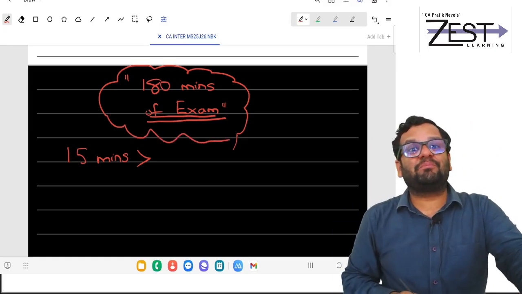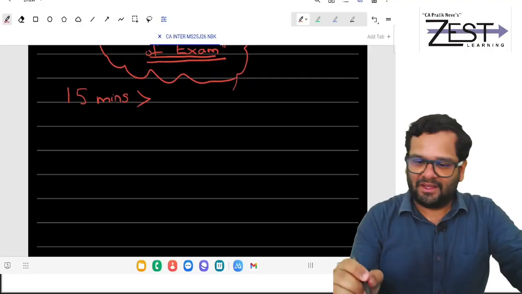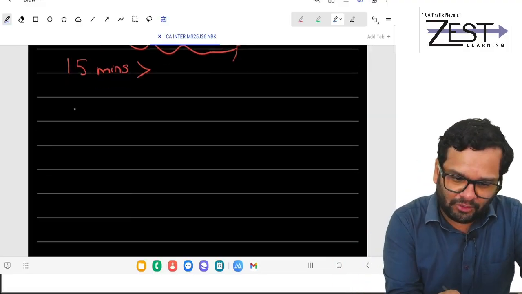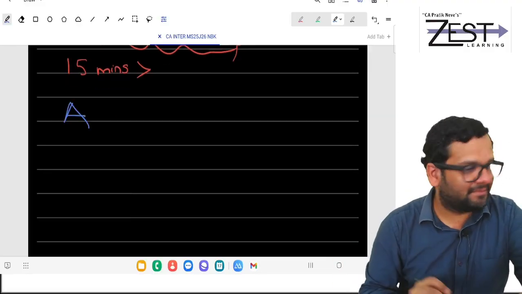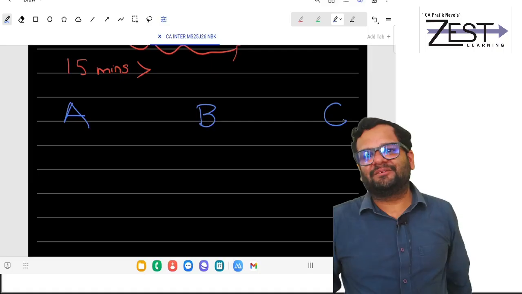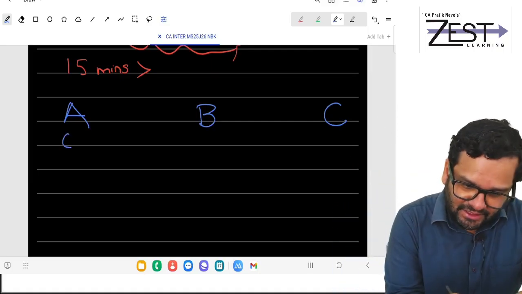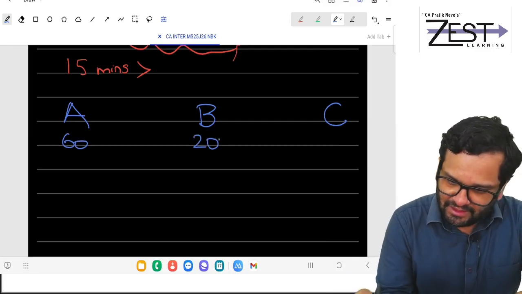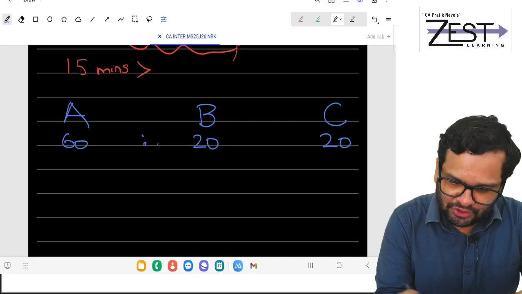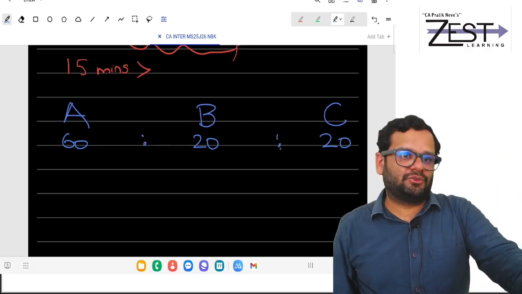And if you make this map properly, you are through it with exemption, more than exemption. See, what you will do is A category, B category, C category. I would like to call it the 60, 20, 20 approach.